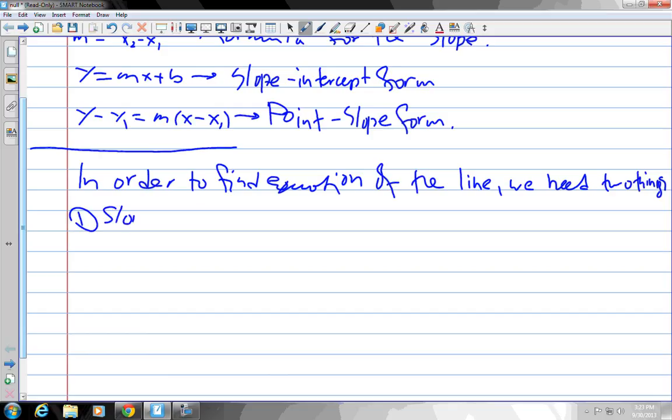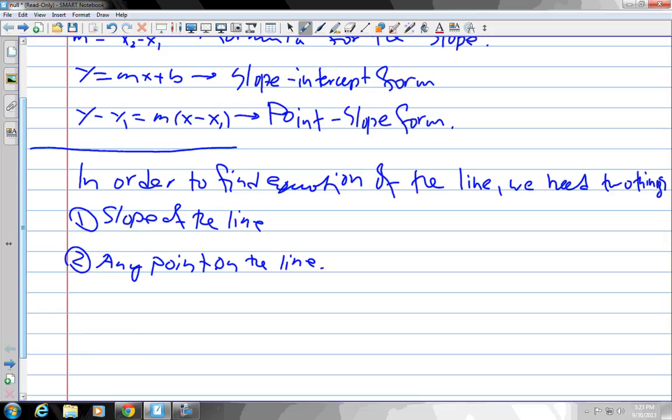We need the slope of that line and any point on that line. Okay? So if you have these two things, you'll be able to find the equation of a line.